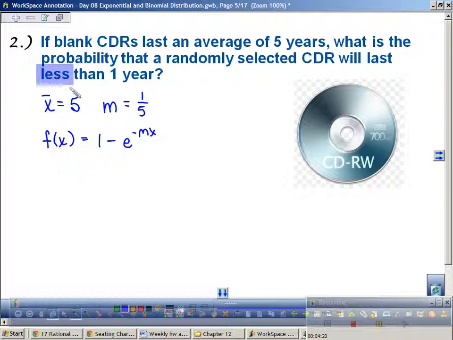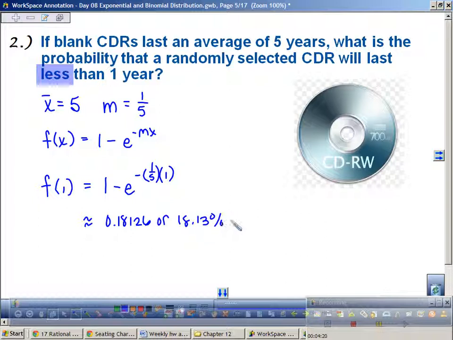So this would be, what's the time period? F of what? 1 equals 1 minus e to the negative 1/5 times 1. Put that in a calculator, and you get about 0.18126, or 18.13% chance.